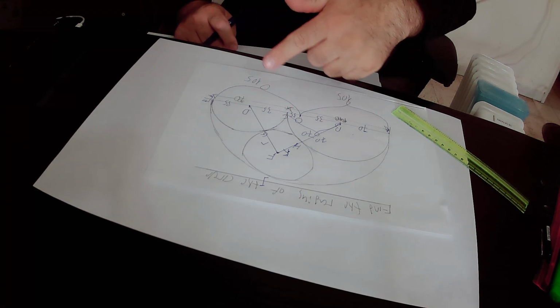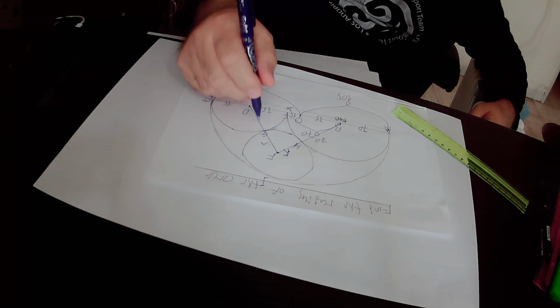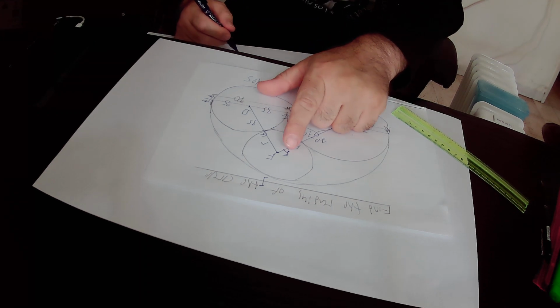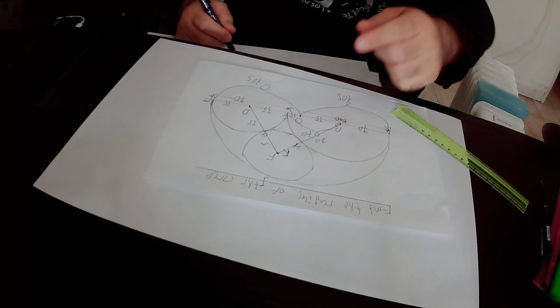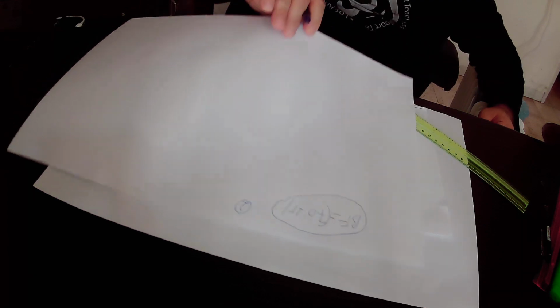So GD or DG is the radius of the smallest semicircle that is equal to 35 units. Therefore, we found out that FD, that is the distance between the centers of the circle and the semicircle, equals 35 plus r.